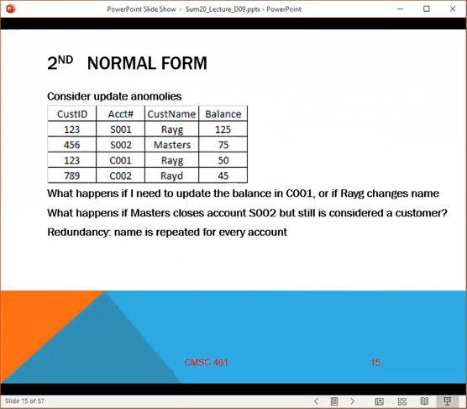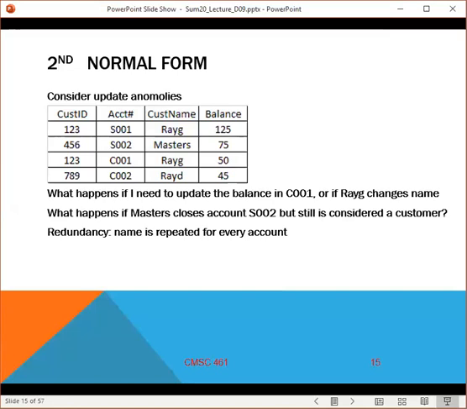So we can look at what might happen when we update things. What happens if we need to update the balance in C001, or if Ray G changes his name, or what if Masters closes account S002 but is still considered a customer because they have loans?